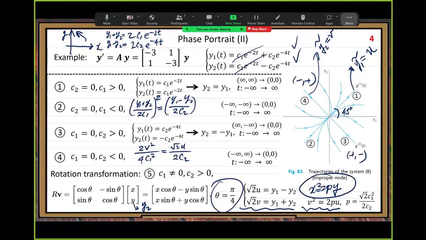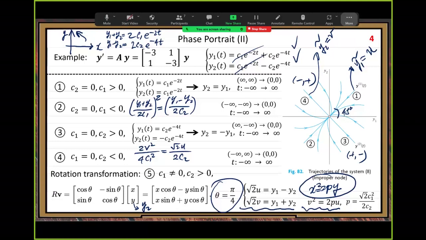First, look at p. Our p is positive, since C2 is positive. So in x squared equals 2py, y must be positive, because x squared is a non-negative number. Y positive means the positive direction, up, so it's a parabola opening that direction.